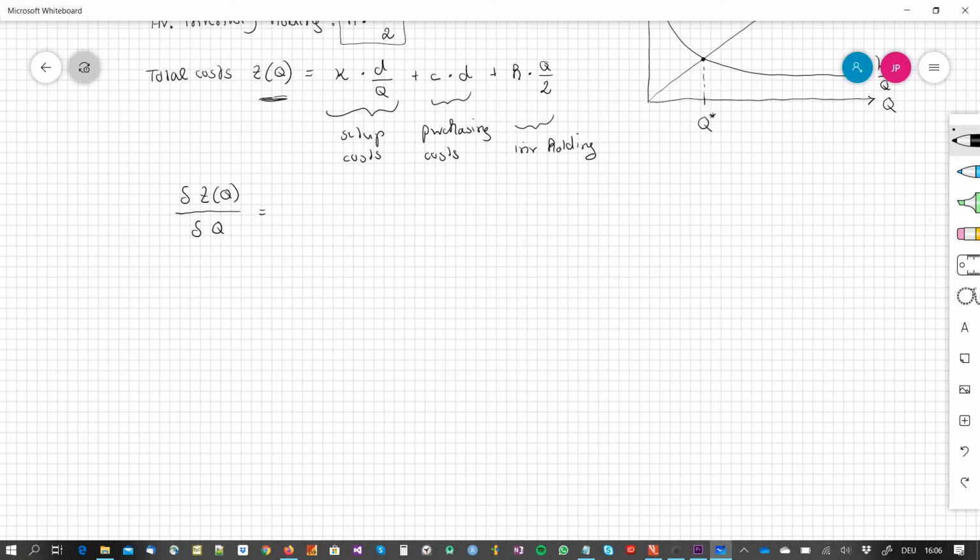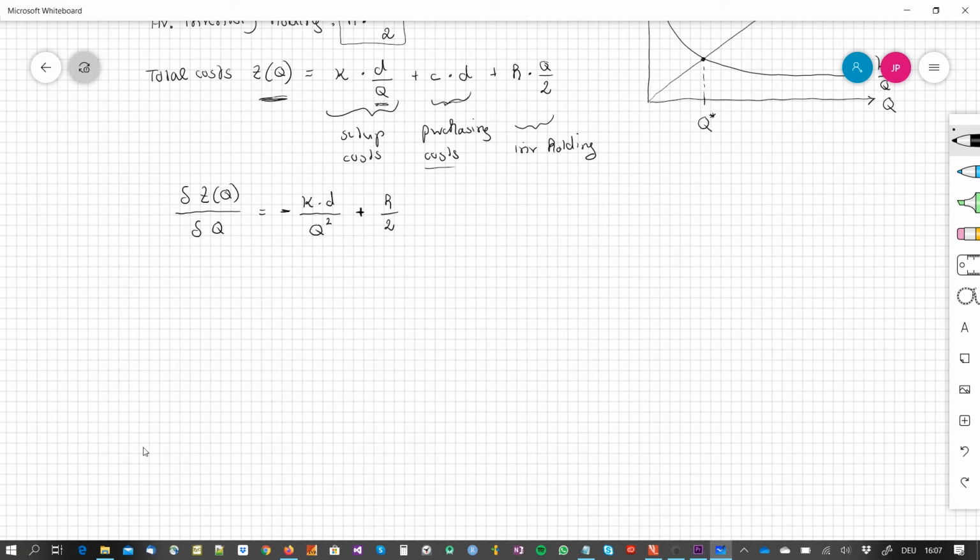Here we look at the cost function and we see that we have the order quantity in the denominator. So if we take the derivative, this becomes minus K multiplied by D divided by Q squared. And we also see that in the cost function, the purchasing costs are not dependent on the order quantity, so that drops out. And then deriving for Q in the inventory holding gives us H divided by 2.